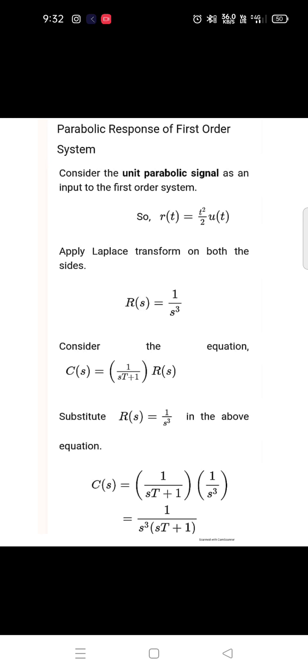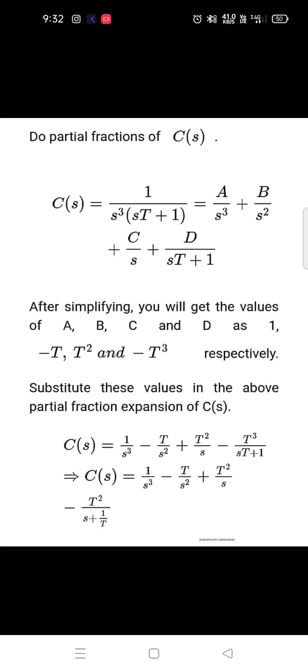Now for the partial fraction we have the highest order as 3, so our constant terms will be 4. So A upon s cube plus B upon s square plus C upon s plus D upon (sT plus 1), and by taking partial fractions of this function we will get A equal to 1, B equal to minus T, C equal to T square and D equal to minus T cube.